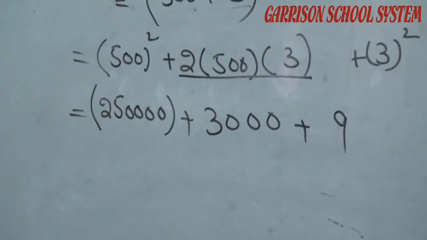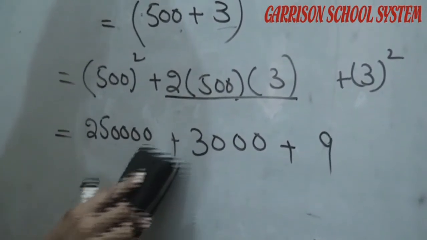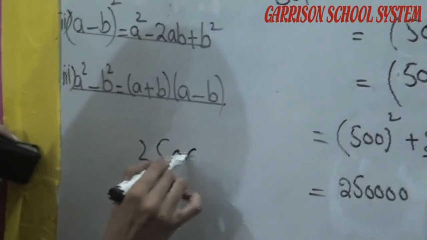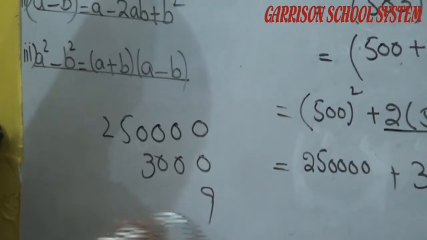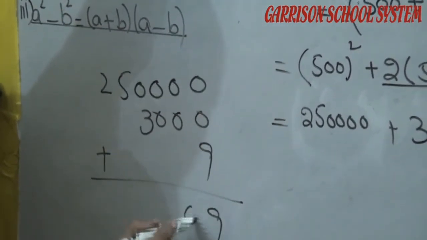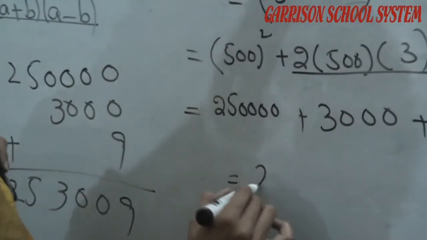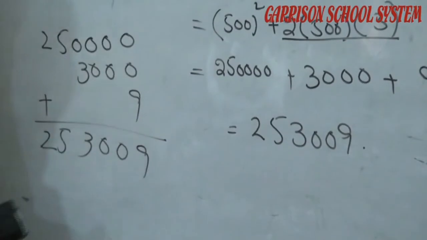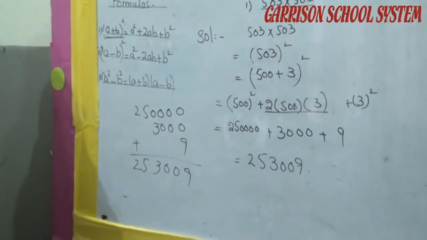Now I have to add these three terms, plus 9. It will produce 253,009. So it is the value of 503 multiplied by 503.